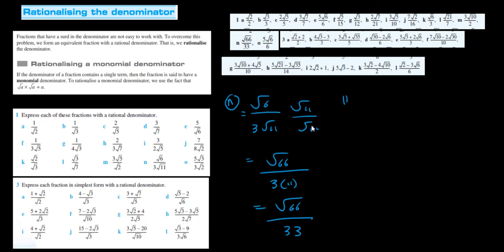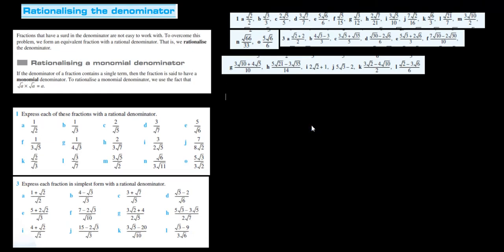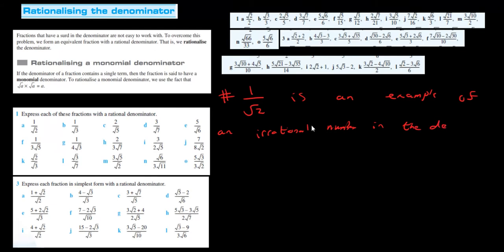So let's have a quick recap of what we have done. One over root 2 is an example of an irrational number in the denominator.